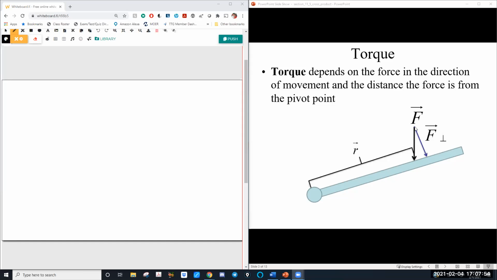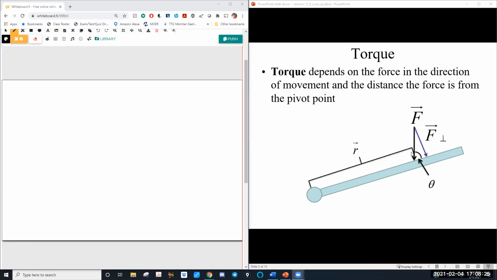Now, let's think about how we would calculate F perpendicular, because we have a right triangle. We were talking last time, all these vectors end up as right triangles. So if we have some angle theta, so that's the angle between our force vector and the lever, well, notice that we have the opposite side, and sine relates the opposite side and the hypotenuse being our force vector.